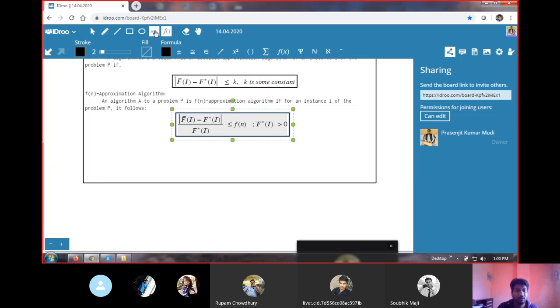Then we come to our next class definition, the epsilon approximation algorithm.